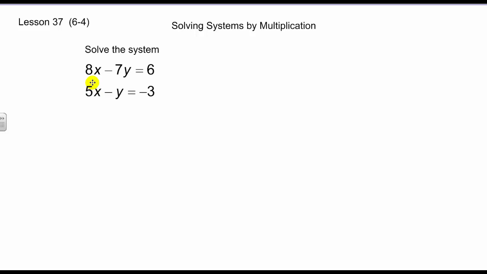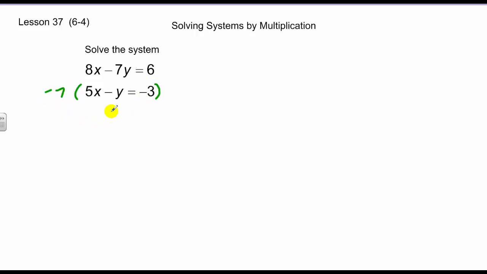But algebra tells us, once again, whatever we do to one side, we can do to another to benefit us. And I notice that, hey, this is negative 7y. If this were positive 7y, I'd be super happy. I could multiply both sides of this equation by a negative 7.